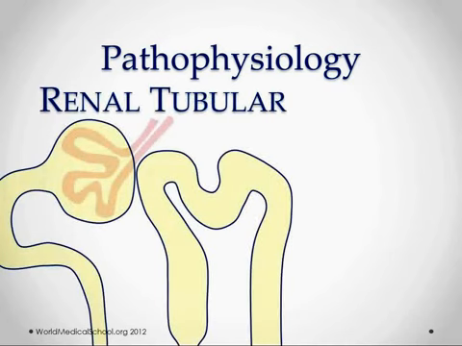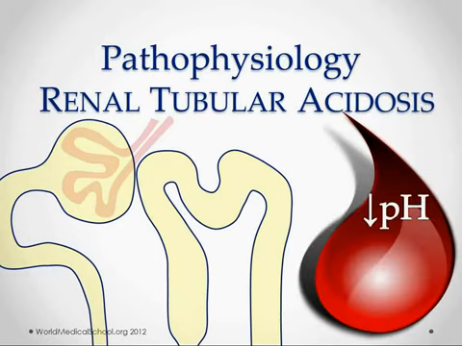Renal tubular is referring to the renal tubules. This is where we make urine. And acidosis is referring to the blood. So we're talking about a low pH in the blood, which means that we've got an excess of hydrogen ions, or we don't have enough bicarb.